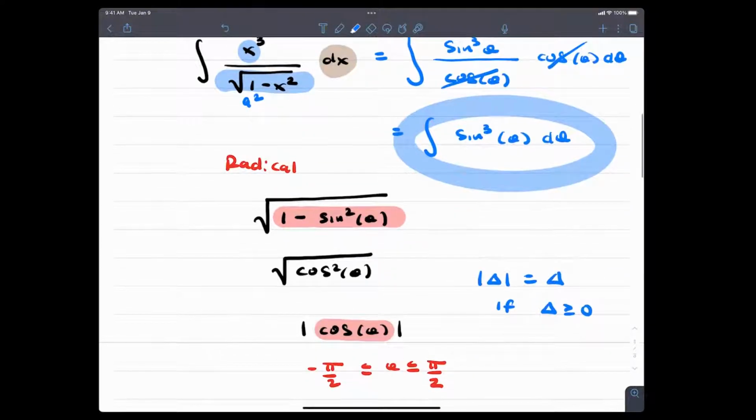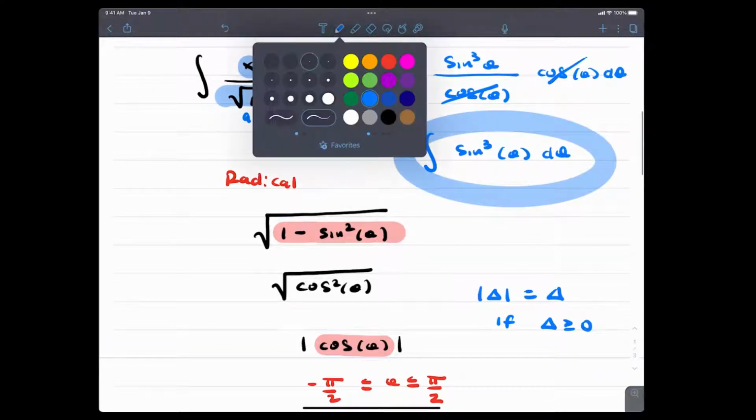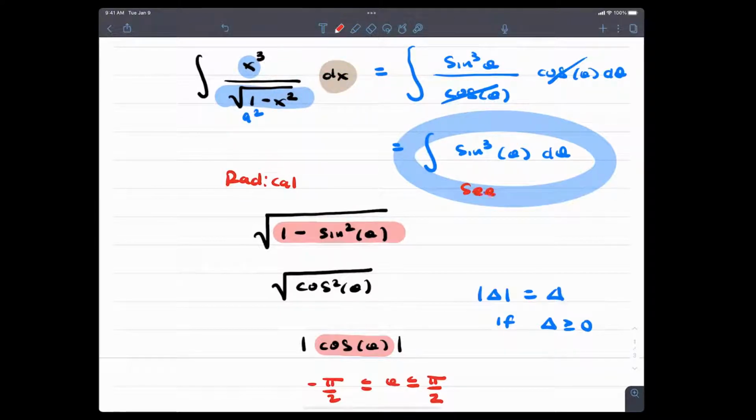Now, here's what I typically say at this point. I say, okay, see the previous homework. The idea is that you did the previous homework and you know how to integrate sine cube.